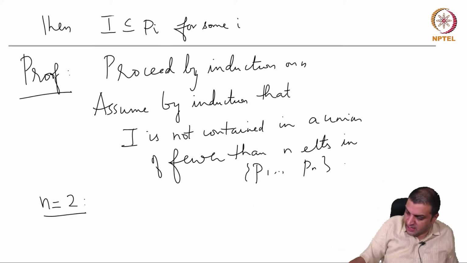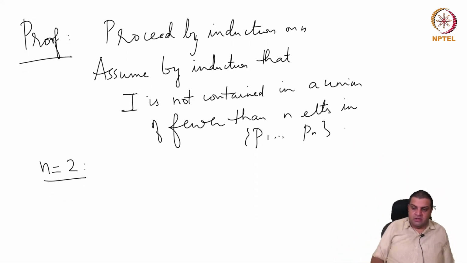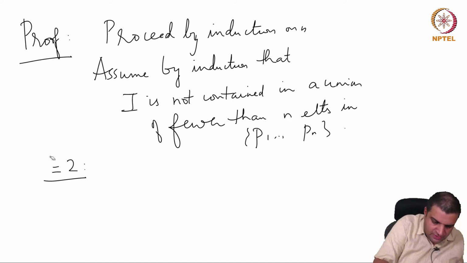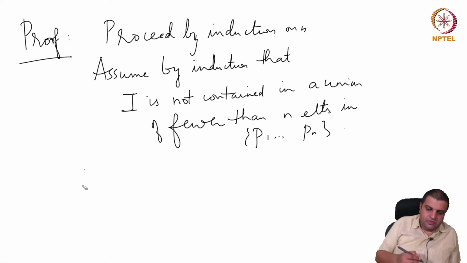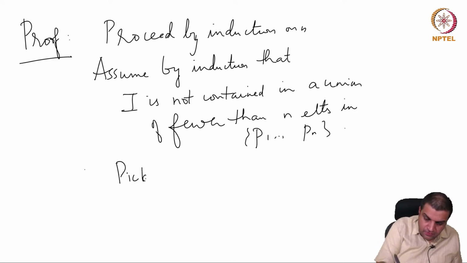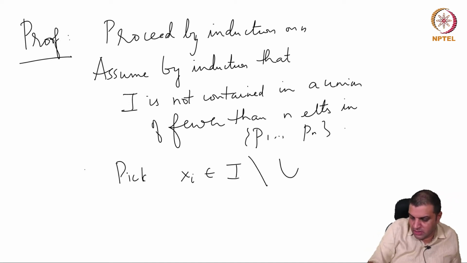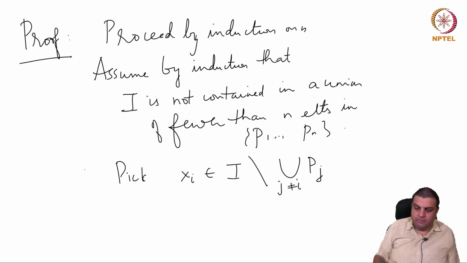So since I is not contained in the union of n minus 1 things here, before we start, we can even set up that notation. Pick xi in I, but not in the union of Pj, j different from i. Okay. So since I is not contained in the union, we can pick such xi.